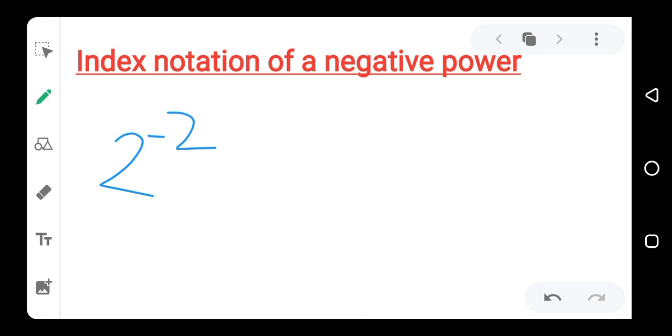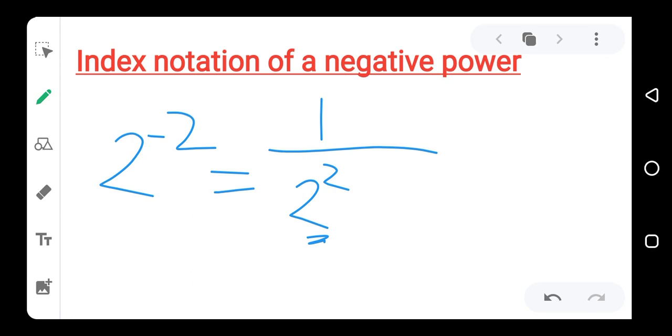So for this one, that is 2 raised to power minus 2, whenever we see the power and it has minus, the first thing we do is to write 1 over, then we convert the minus to power. So 2 raised to power minus 2 is going to be 1 over, then we remove this minus here, and write it as 2 raised to power 2. Now there is no minus again here.